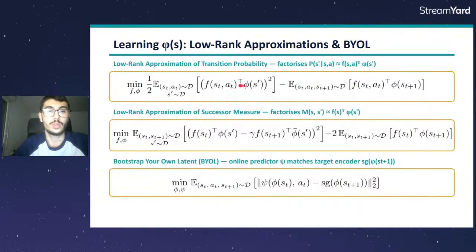We try to learn a representation phi that is going to allow us to bridge the gap between the forward model, like F of st, at, and phi of S prime. This is very similar to contrastive learning because this is a vector and this is a vector, and here we're calculating the cosine similarity between the two vectors.